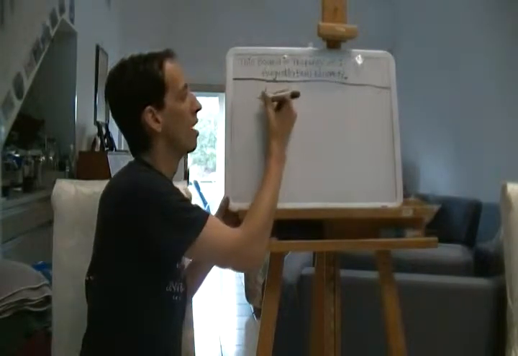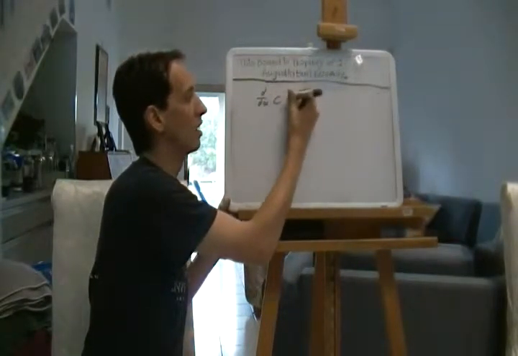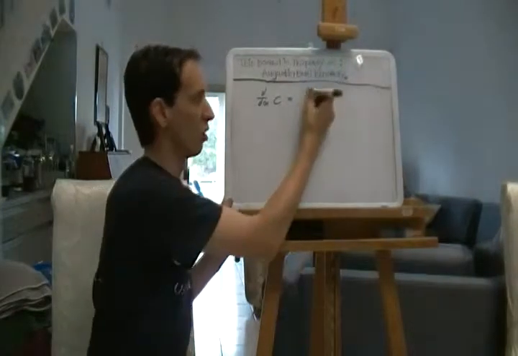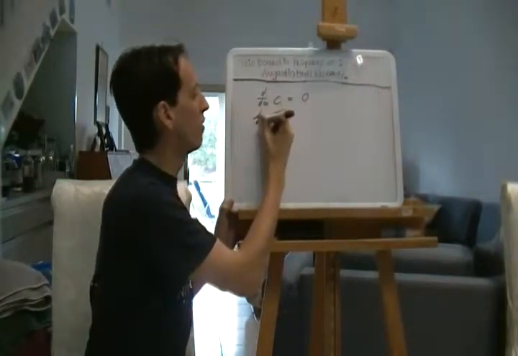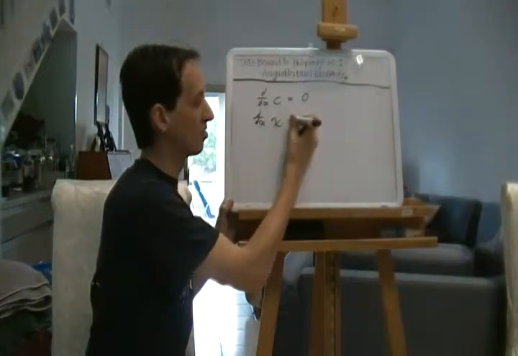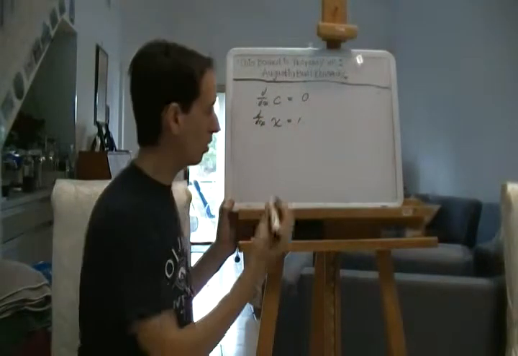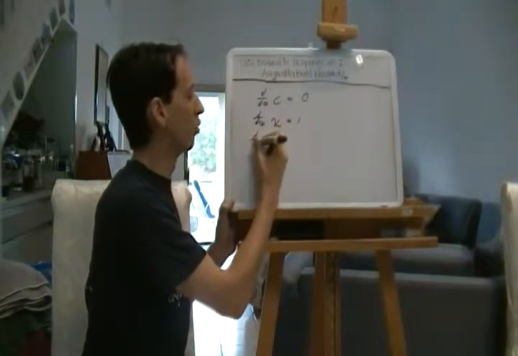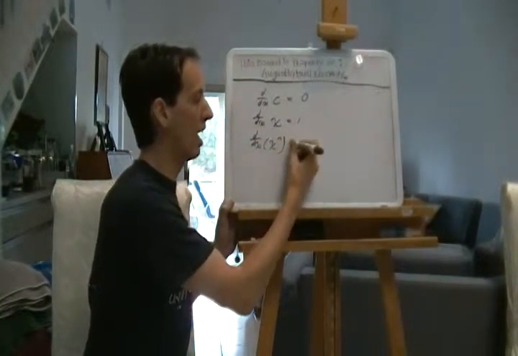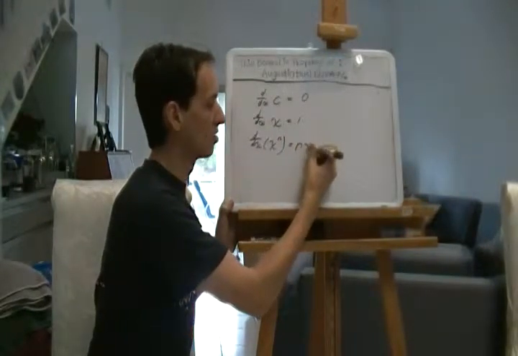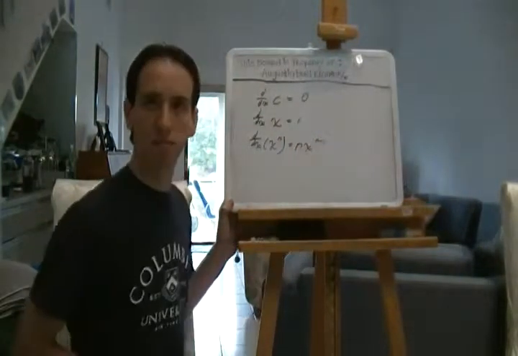We know that the derivative of a constant, of a number, is 0. We know that the derivative of x is 1. We know that the derivative of x to the n, no matter what n is, is nx to the n minus 1.